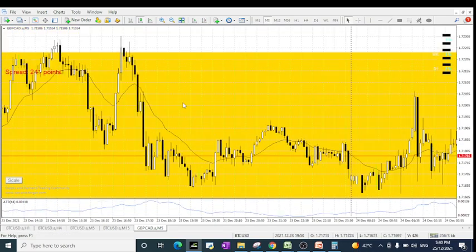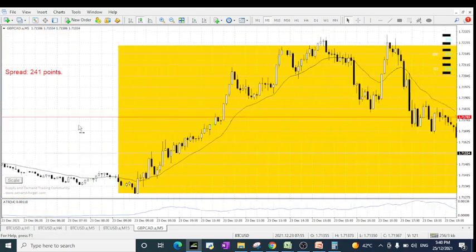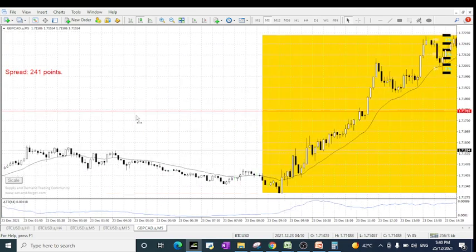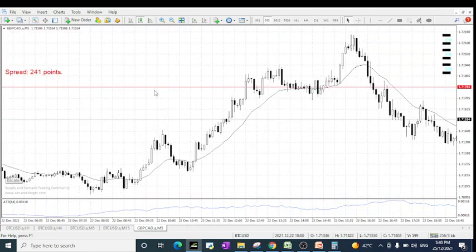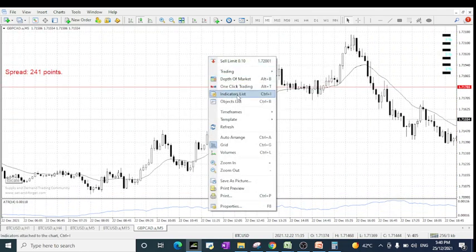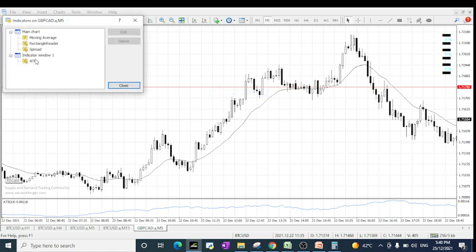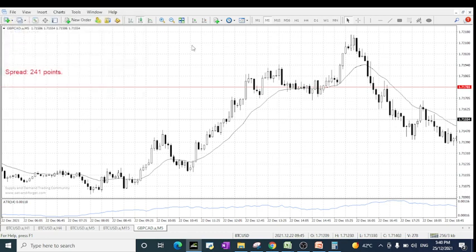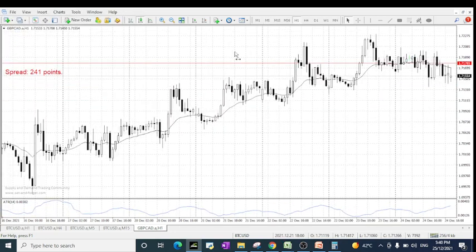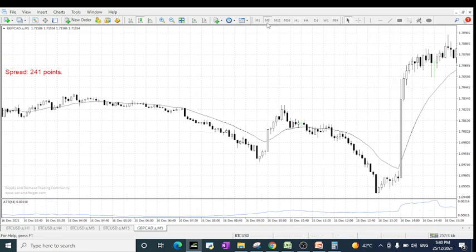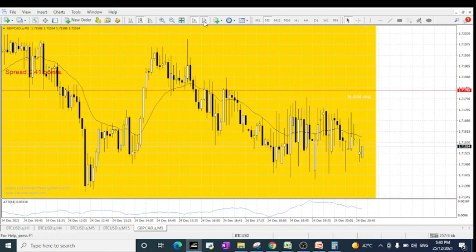Let's see, where is it? Oh, just give me 1 second. I need to remove this indicator. Close hourly charts. Highlight this. Go to 5 minute charts.